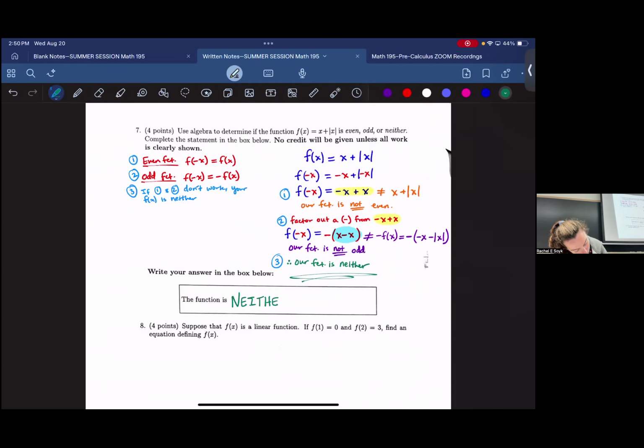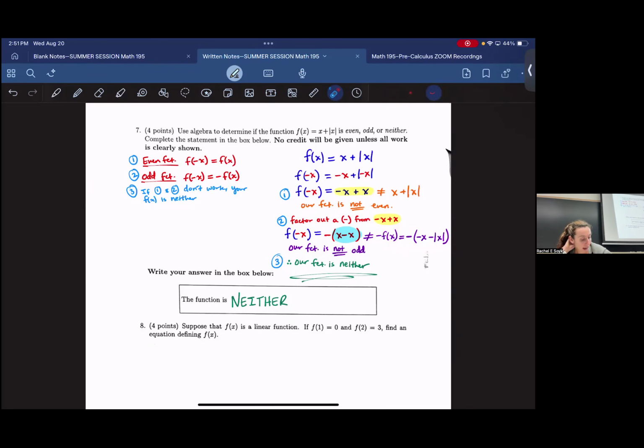Any questions on this one? Yeah. Testing for the negative f(x). Why do you put a negative symbol in front of both x's as well, instead of just the entire function? Why do I put it in front of, when you say both x's? Like the third line from the bottom, the purple letters. Why is it not just negative parentheses x plus absolute value of x? Oh, good question.